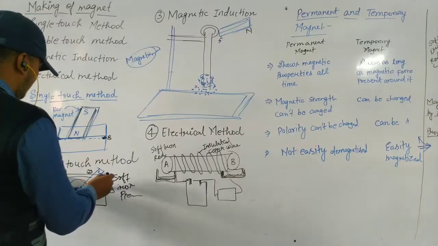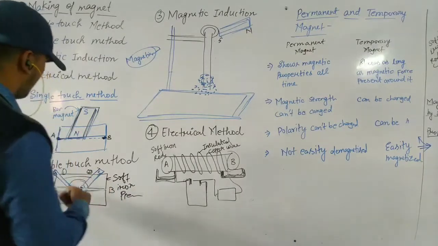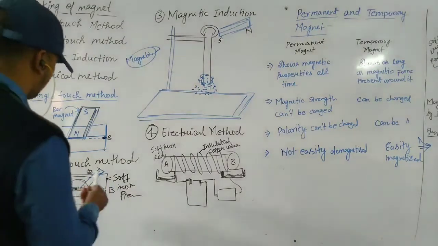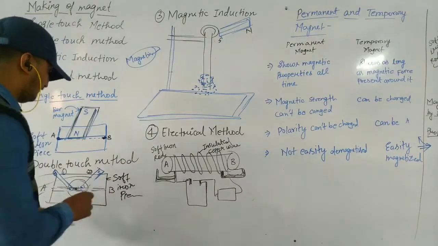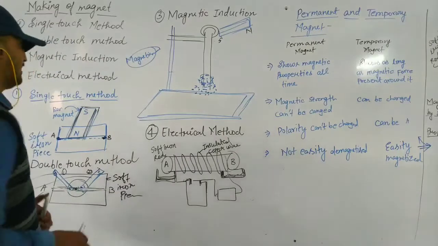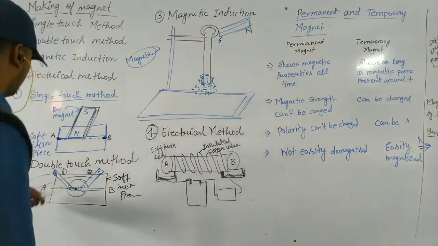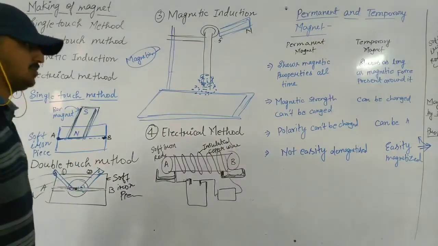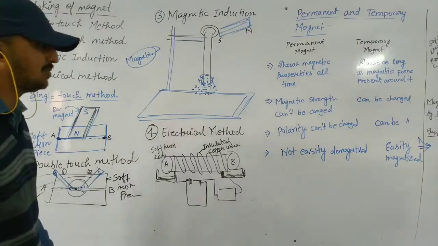We slide the magnets to the opposite ends, and when we do this process a number of times, after some time this soft iron piece will magnetize. So this is the second method of magnetizing a substance, the double touch method. Here we have discussed the single touch method, and here the double touch method.